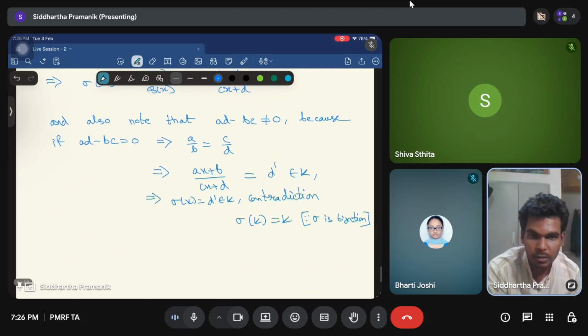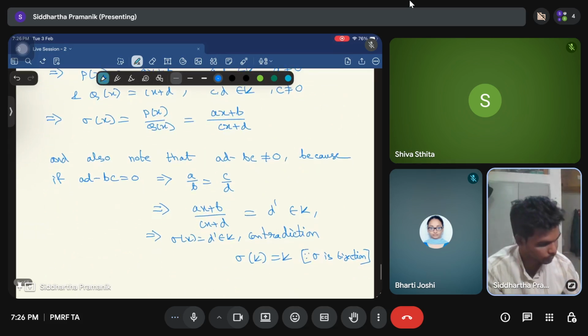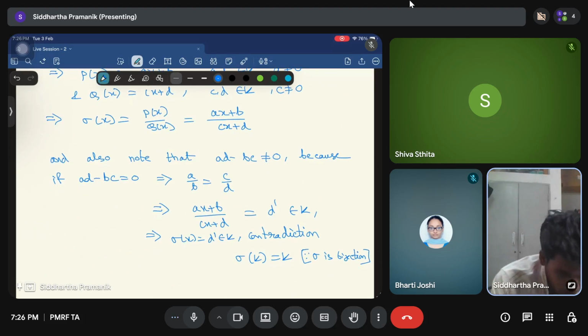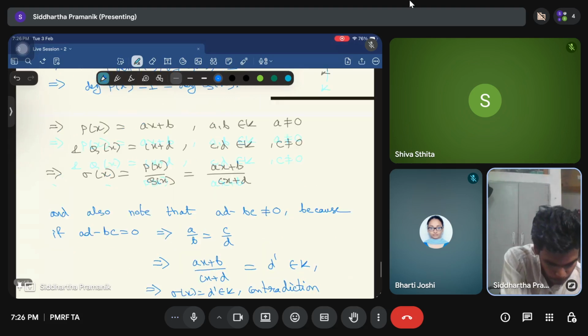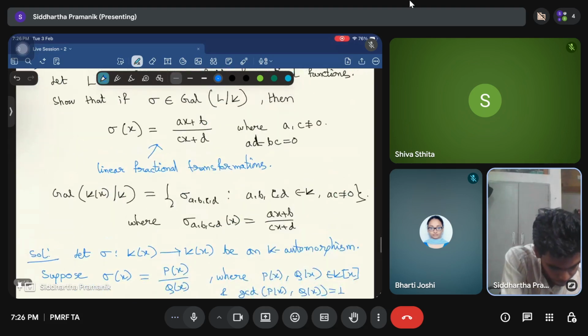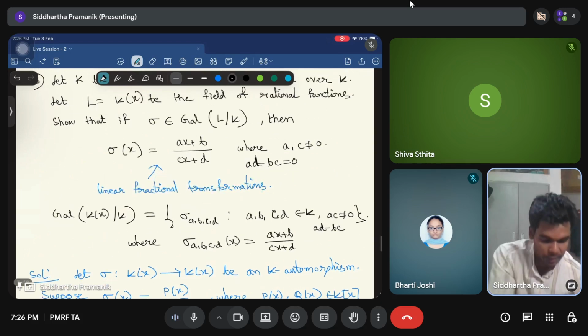So is it okay? So this completes the proof. So here we have got the whole Galois group of the rational function field over the base field k.